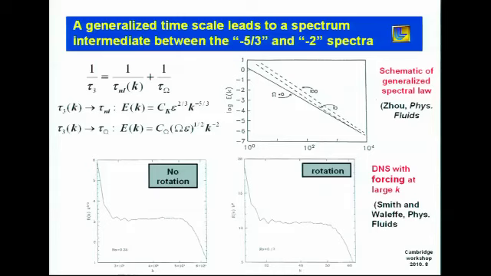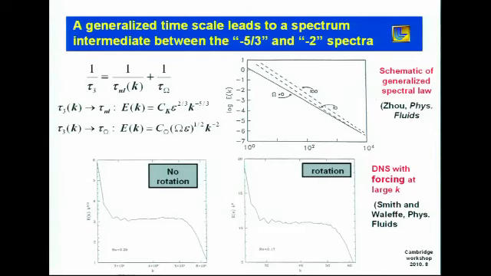For no rotation, you compensate by the Kolmogorov k to the minus 5/3, and you want to see a flat line, which indicates the energy spectrum of the flow is given by the classic Kolmogorov spectrum. For the system with rotation, what you compensate by is k to the second, so the flat line indicates the energy spectrum gets modified to the k to the minus 2 situation.